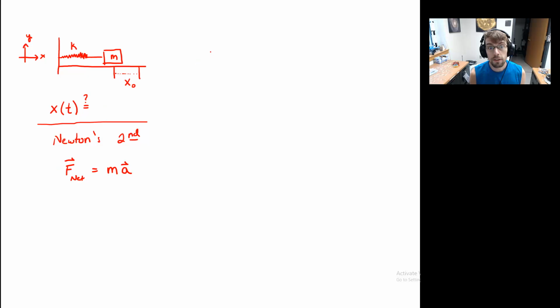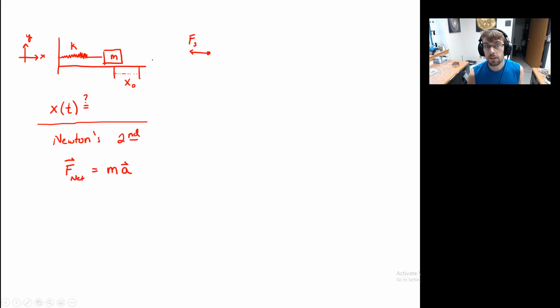And the force acting on the mass, if I do a point particle representation, a free body diagram, the net force is acting in the opposite direction. We've displaced it one way. The net force from the spring is going to be pulling it back.